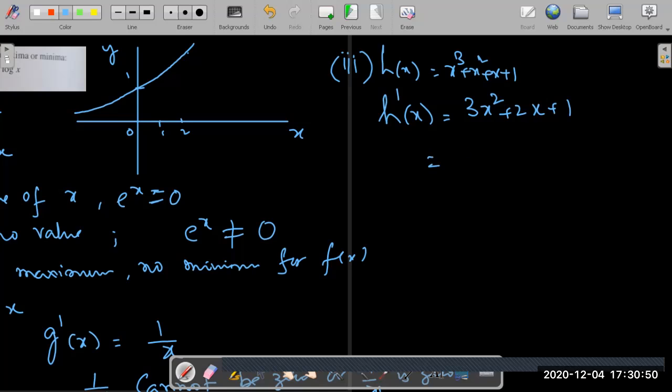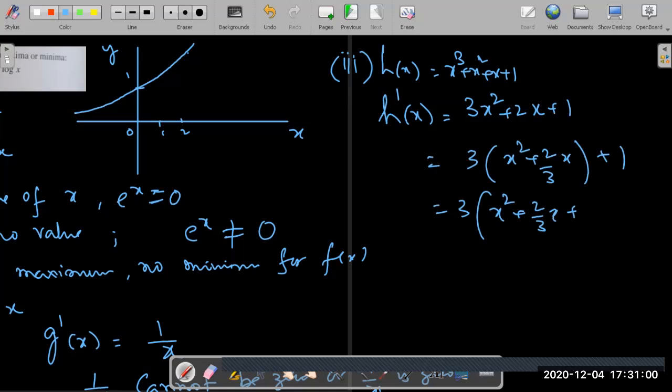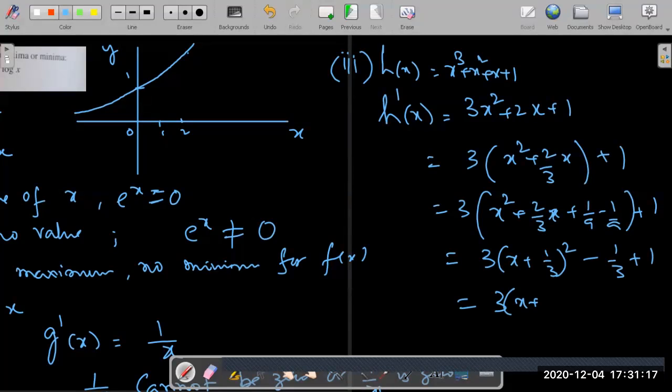You will have 3 bracket x square plus 2 by 3 x plus 1. Then 3 into x square plus 2 by 3 x plus, half of this, 1 by 9, minus 1 by 9 plus 1. So you'll have 3 into x plus 1 by 3 whole square minus 1 by 3 plus 1, and 1 minus 1 by 3 is plus 2 by 3. So this is h dash x.